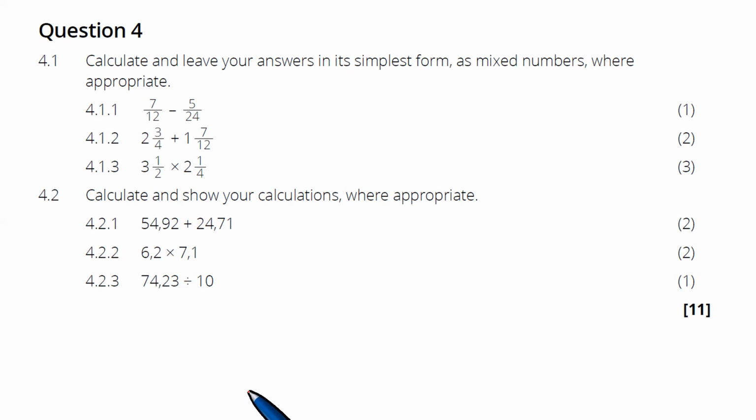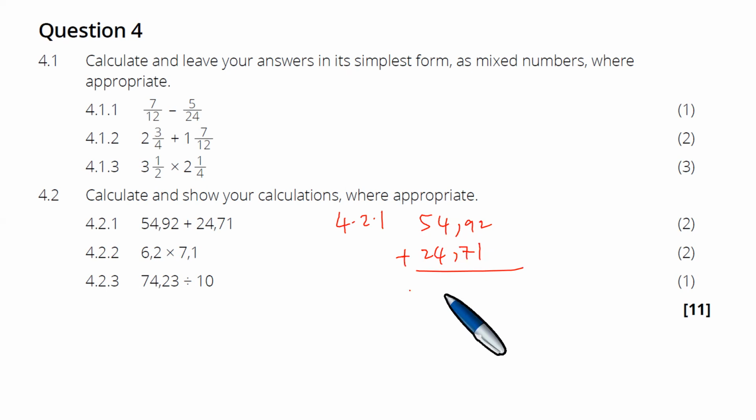Okay. 4.2.1. Let's just do it together. So you have 54,92. You add that to 24,71. Right? You're performing the addition like this. What is 1 plus 2? 3, right? Then what is 7 plus 9?